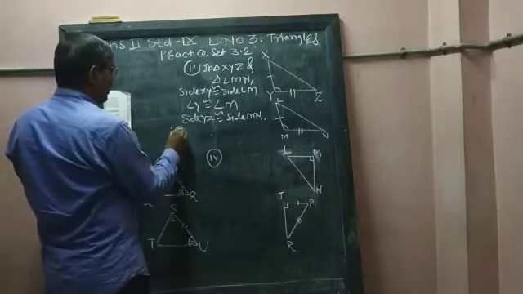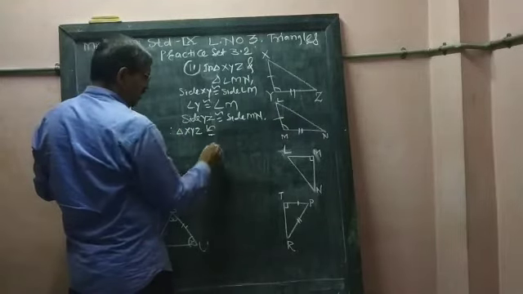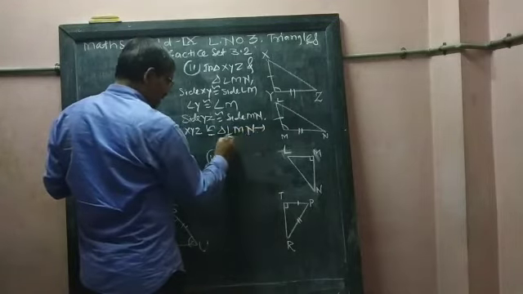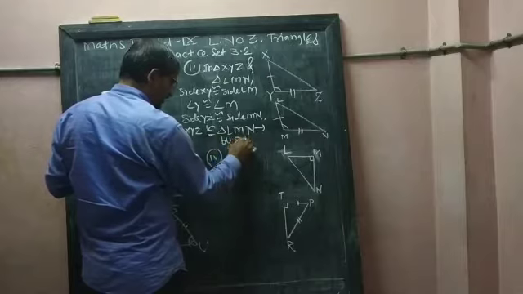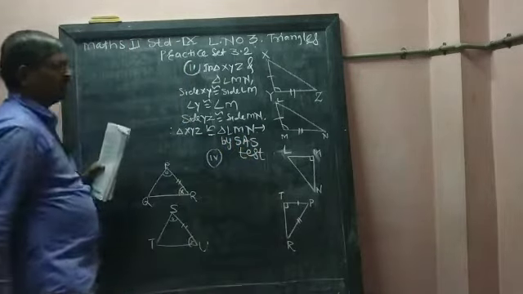Therefore, triangle XYZ is congruent to triangle LMN. What is the reason? By the SAS test. Understand?